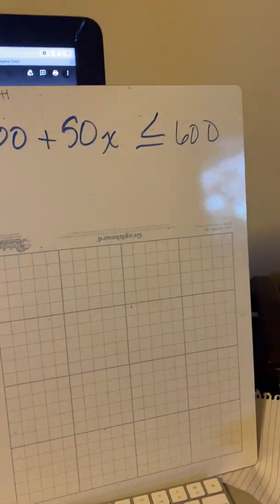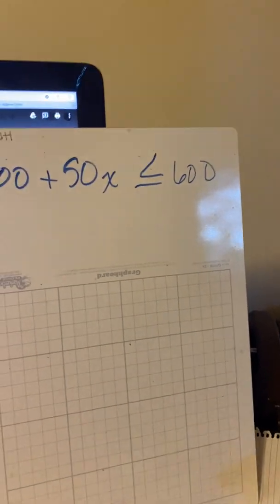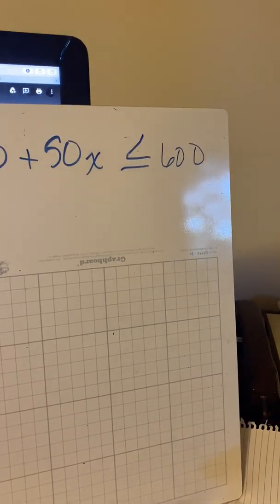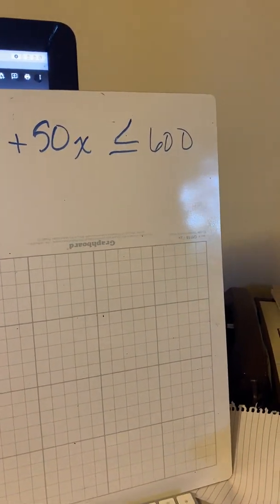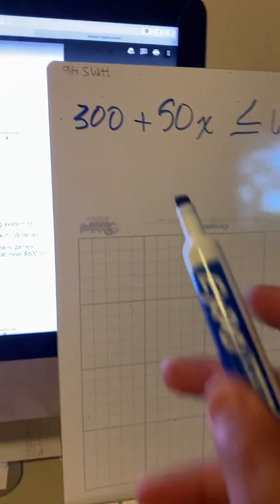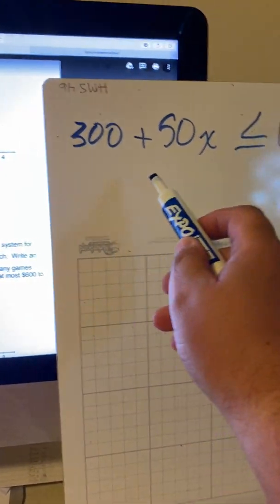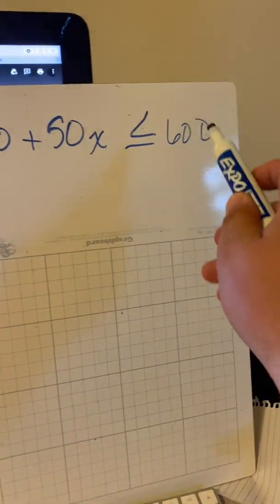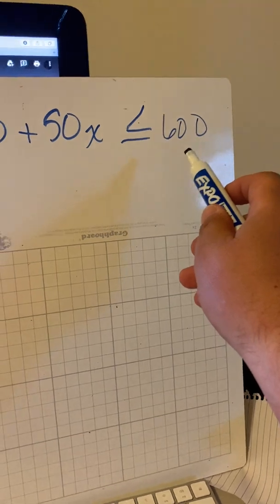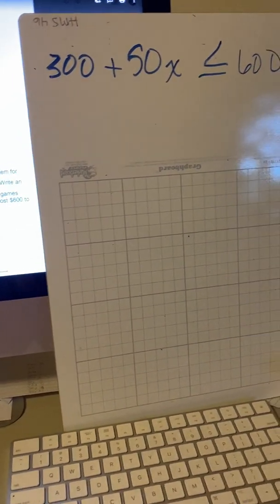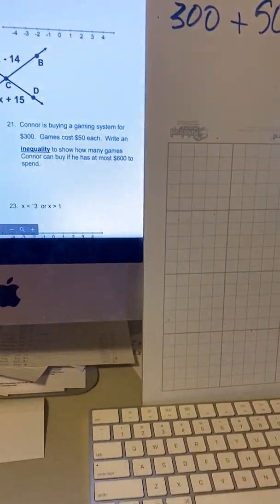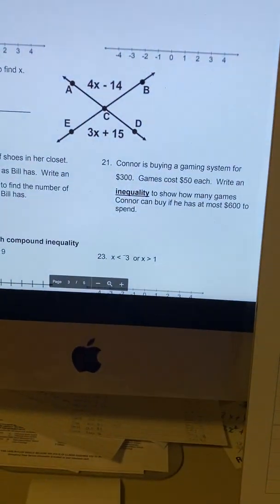Now, some of you wrote some different equations or inequalities that did work out, but you've got to write the inequality that shows Connor's work for this information, which is the $300 game system, $50 a game, can't spend any more than $600. Can spend equal to it, but no more than that. Some of you found out it is whatever, 6 games, 4 games, whatever it is. I don't care. Not asking for that. It's asking for the inequality.